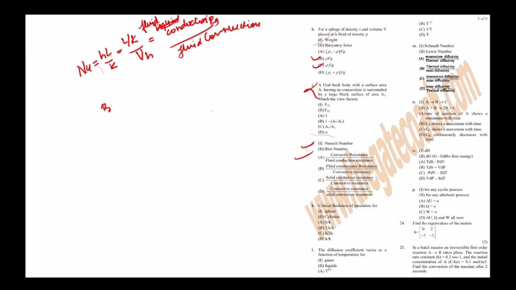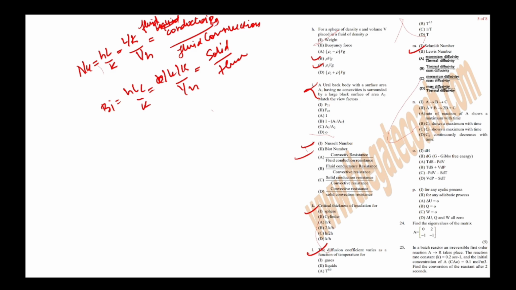And Biot number is h Lc upon k, Lc upon k over 1 upon h, solid upon fluid: solid conduction resistance upon fluid convection resistance. So this is the difference. Critical thickness of insulation: for cylinder k by h, for sphere 2k by h. Diffusion coefficient compared for gases and liquids we have just discussed. Schmidt number and Lewis number.